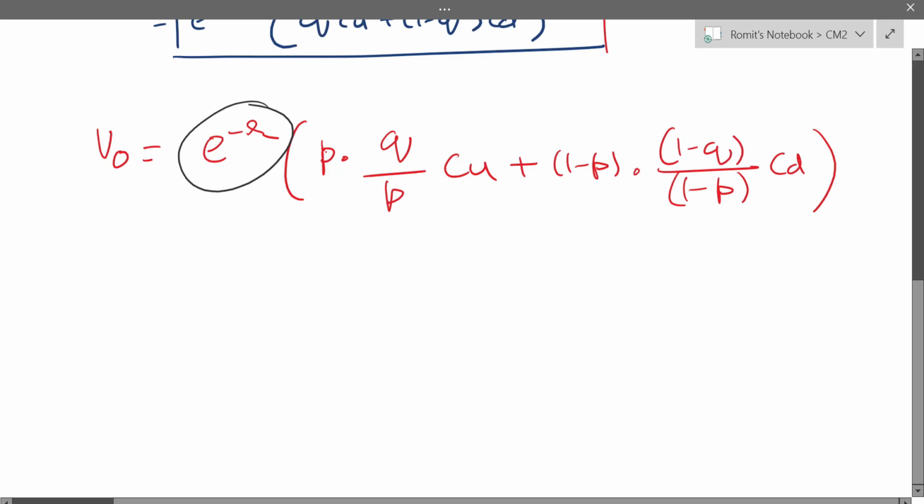So how I can express this is, this can be written as the expectation. Let me just separate out the parts. What will I be separating out?